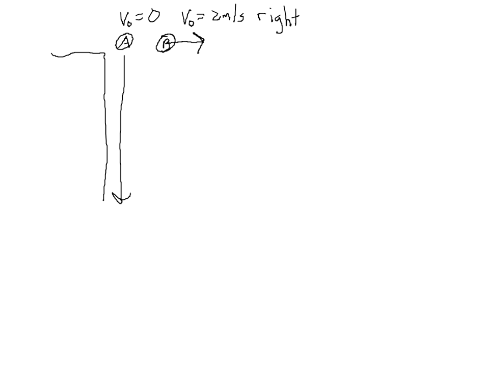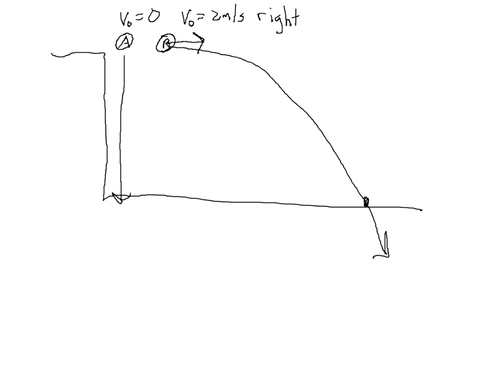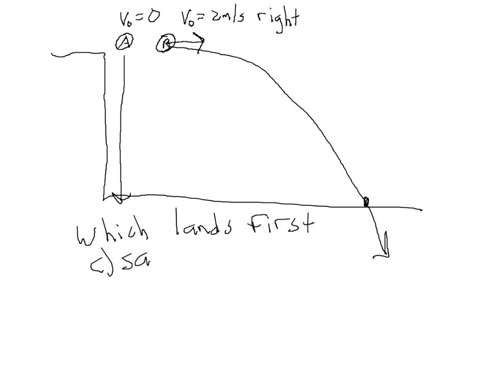So that ball will, of course, land over here somewhere. Again, I throw ball B at the same time that I drop ball A, but I'm throwing ball B horizontally. So the question is, which of these lands first? Is it ball A, ball B, or do they land at the same time?